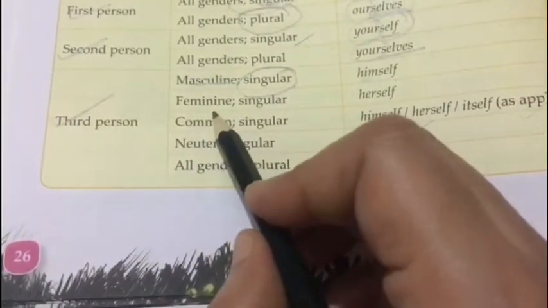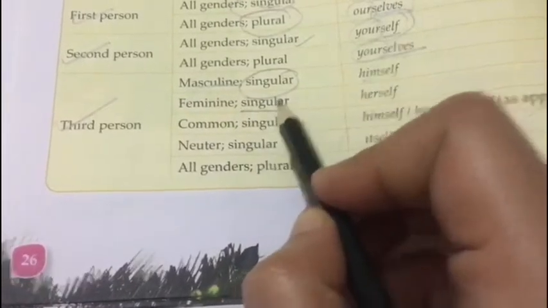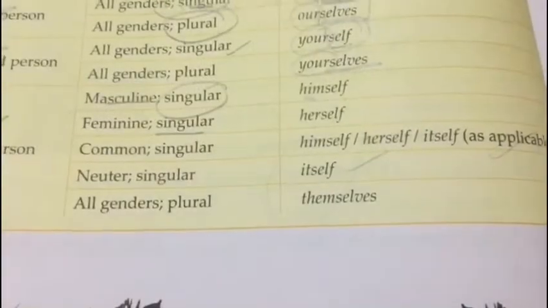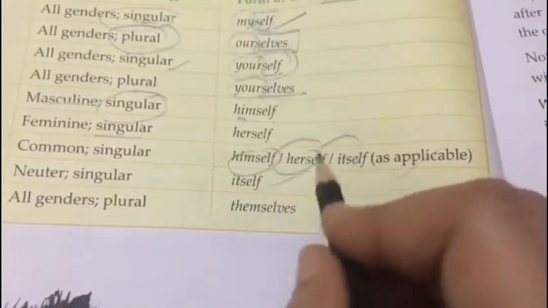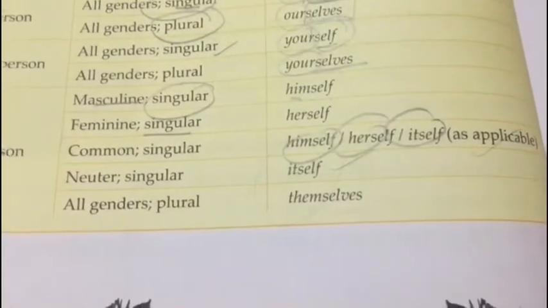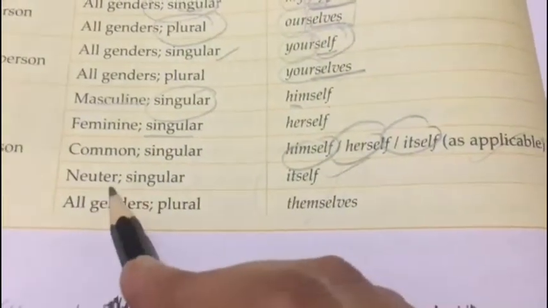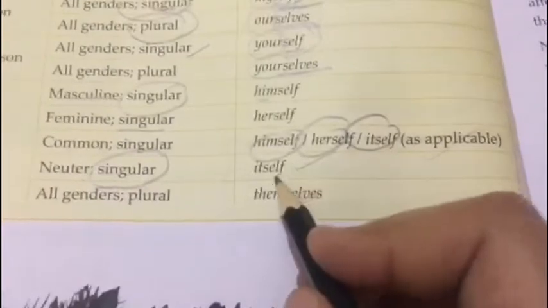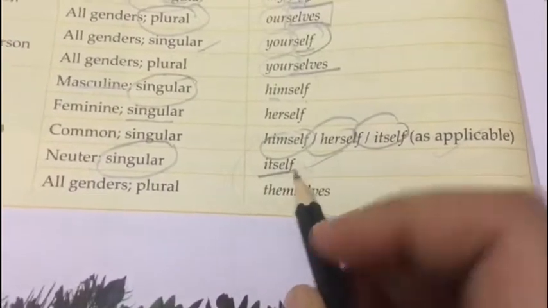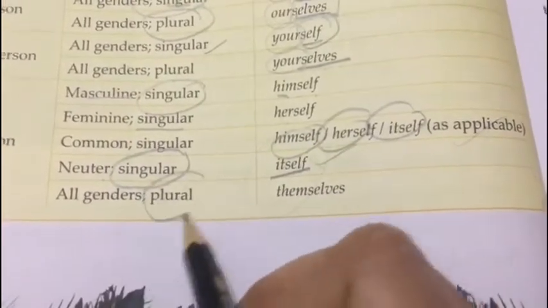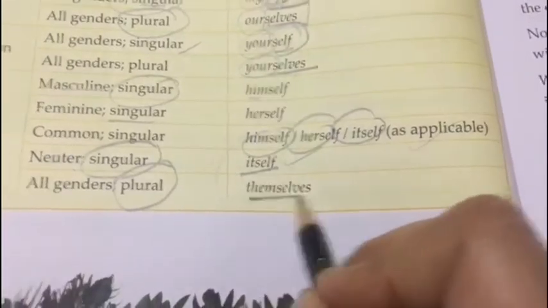And if it is female and singular, then you will use herself. In case of third person, common and singular, then you will use himself, herself, itself, as is applicable. If it is neuter and singular, then in that case you will use itself. And if all the genders are plural, then in that case you will use themselves.